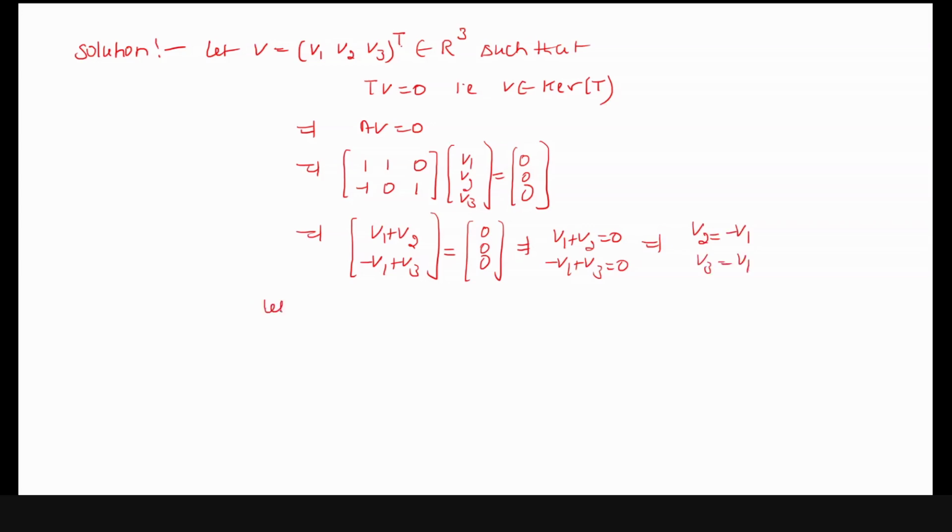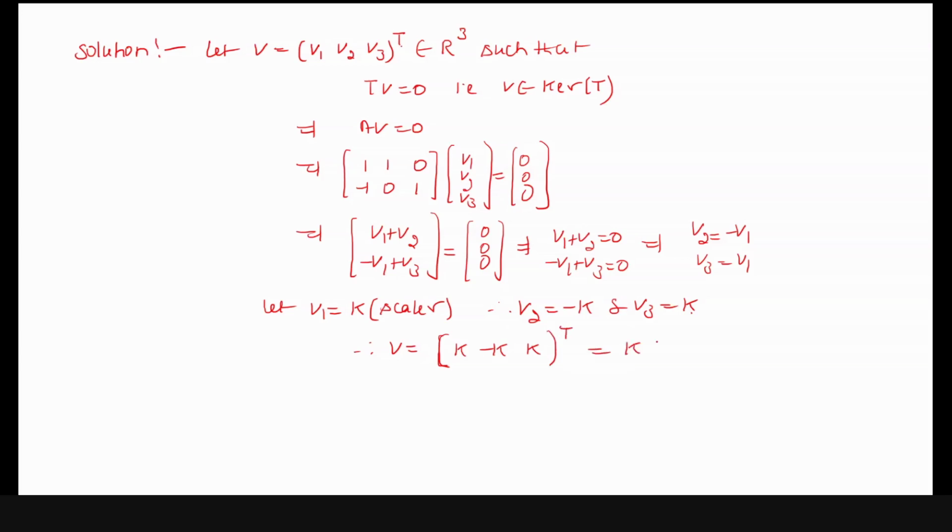Okay, so let V1 be equal to some scalar K. Therefore V2 is equal to minus K and V3 is equal to K. So what is the vector V? V is equal to (K, minus K, K) transpose.